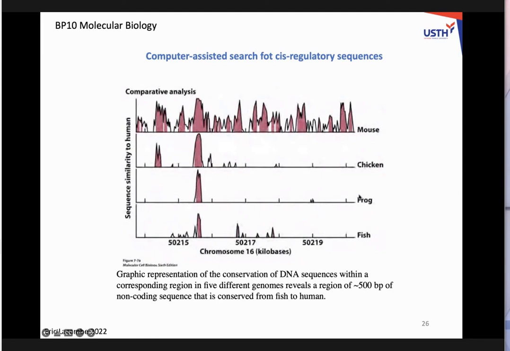But when we look at the same genes coming from chicken, frog, or fish, what you see is basically you don't have any sequence identity between the human promoter and the promoter from chicken, frog, or fish.